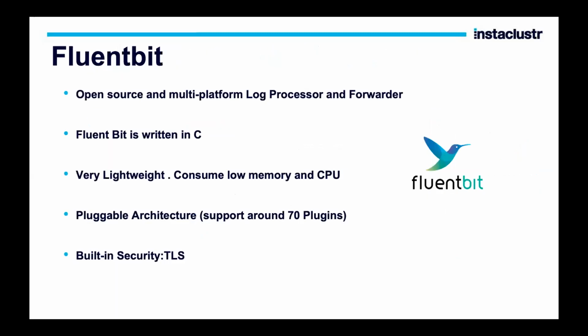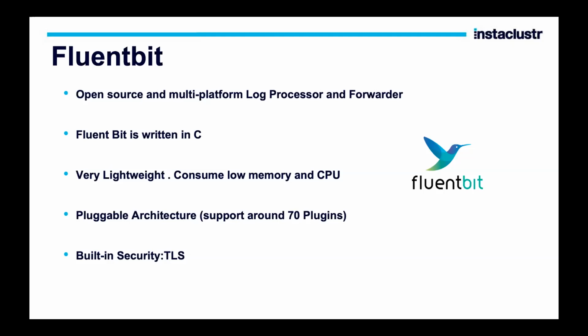And this is where Fluent Bit comes in. So what is Fluent Bit? Fluent Bit is an open source multi-platform log processor and forwarder that is written in C. It's very lightweight, and obviously for Kubernetes you need lightweight because it needs to be deployed as a daemon on all physical nodes and collect lots of information.